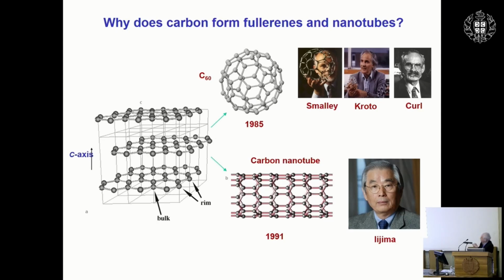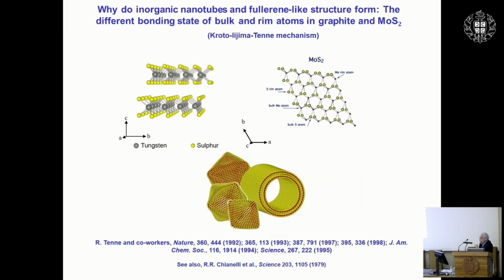With that notion in mind, I proposed this also for molybdenum disulfide and tungsten disulfide, because they are layered compounds like graphite, and they suffer from edge effects similar to graphite. You have these layers of tungsten disulfide with tungsten in the middle and two layers of sulfur in the layer, and then weak van der Waals interaction between the layers.